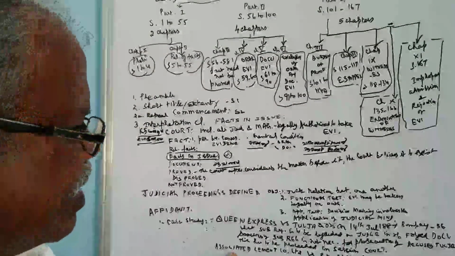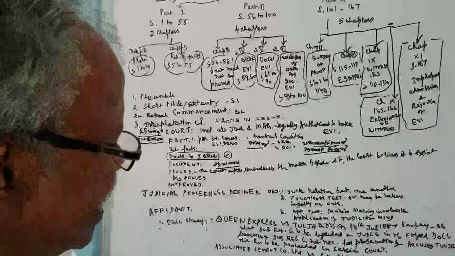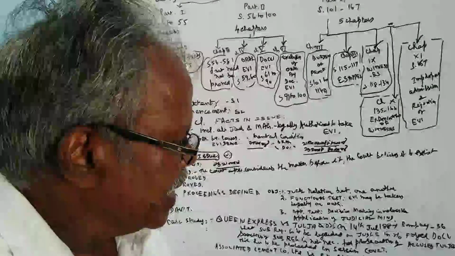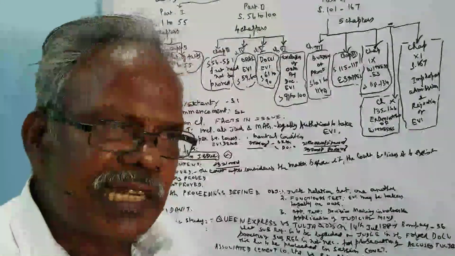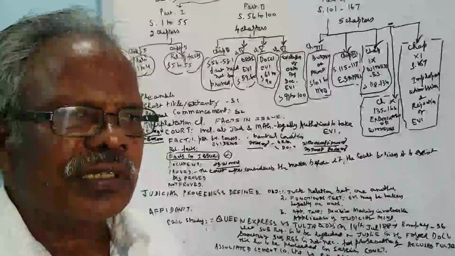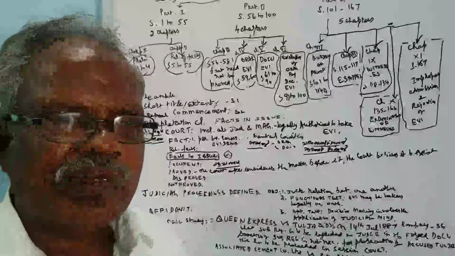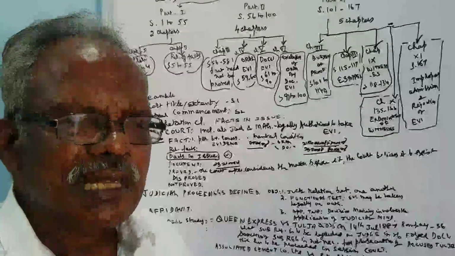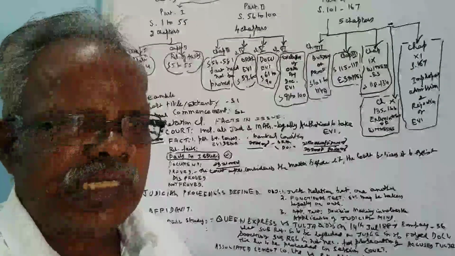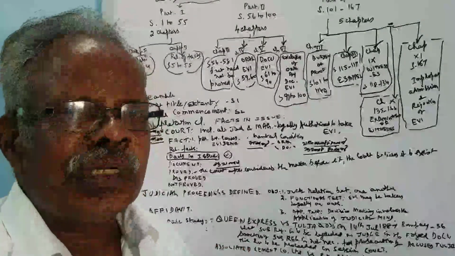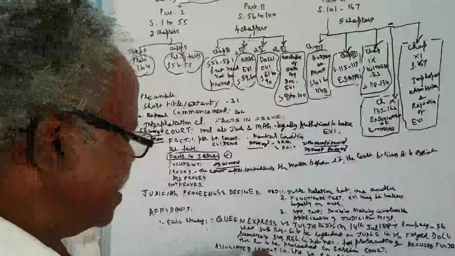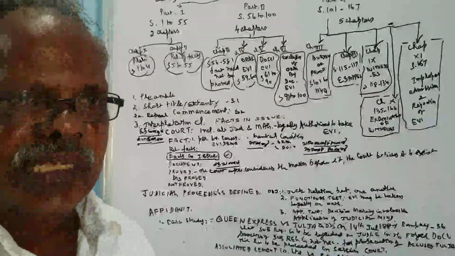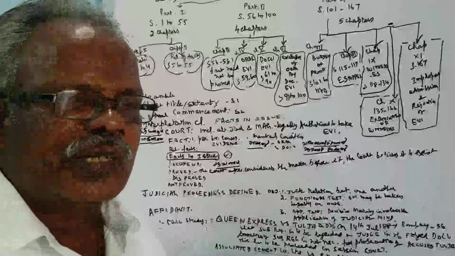And the other one is Associated Cement Company Limited versus P.N. Sharma. In this, the tribunal is also not on par with a court, because the Indian Evidence Act is not applicable to it. So these are all the cases related to section 3, on whether something comes under the court or not.